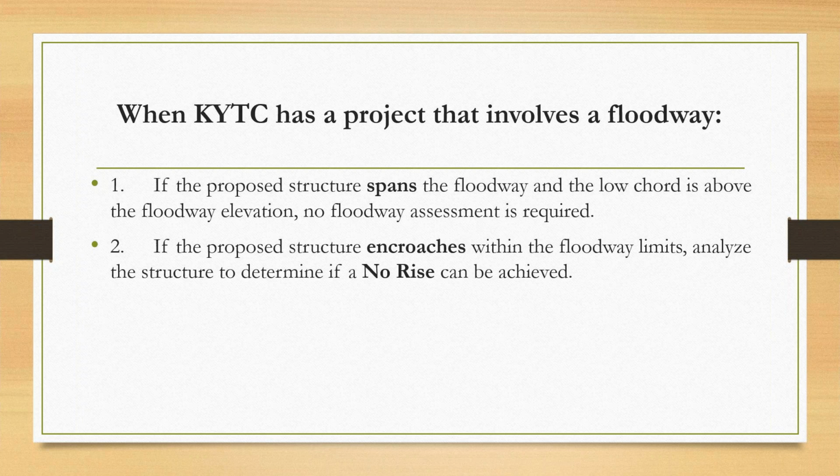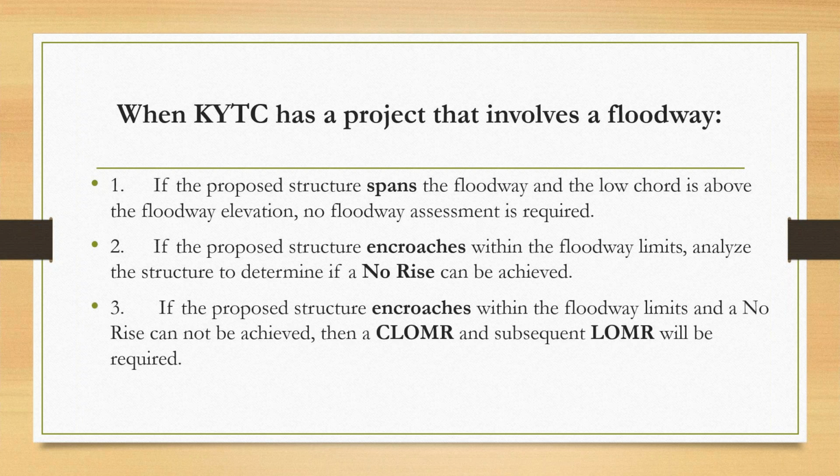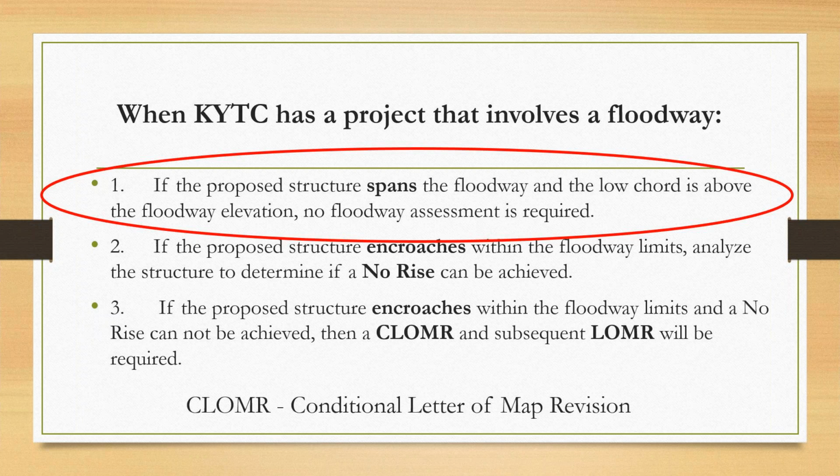And again, we just have to develop a letter that states that we have the no-rise. Well, if we can't do either one of those two, we encroach in the floodway limits, a no-rise cannot be achieved, then we have to get a letter of map revision. And the first thing you do in getting a letter of map revision is we have to get conditional approval from FEMA. Therefore, that's where the CLOMAR comes from. We have to get conditional approval that what we're going to do is acceptable to them.